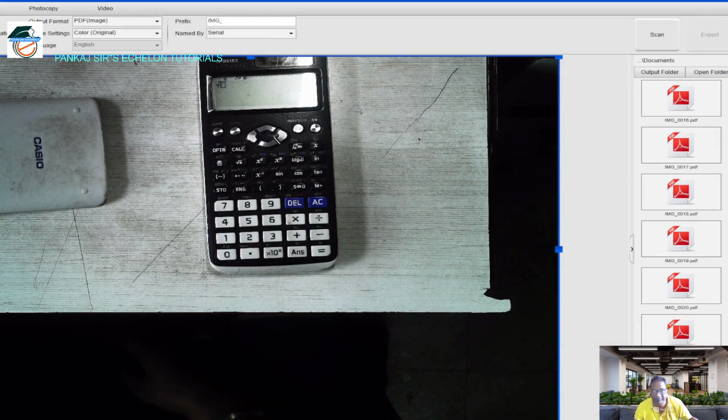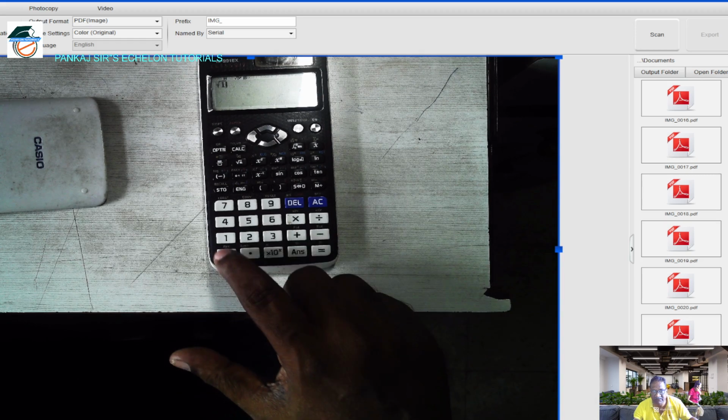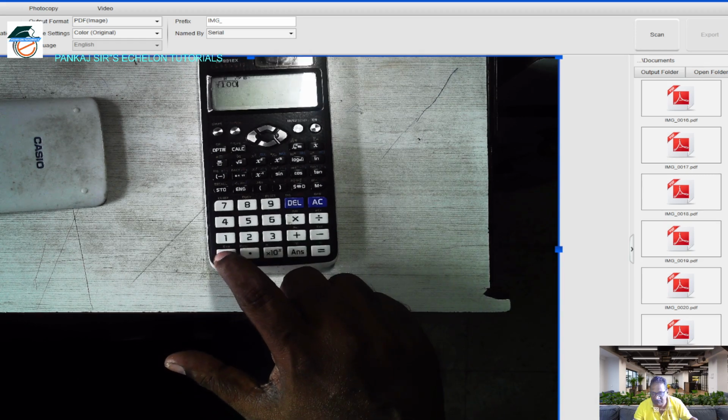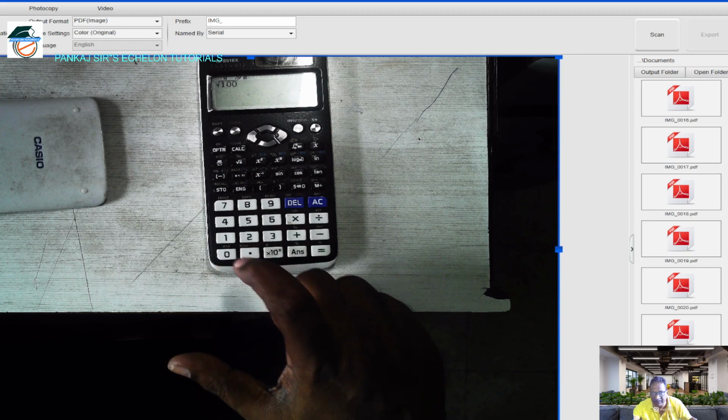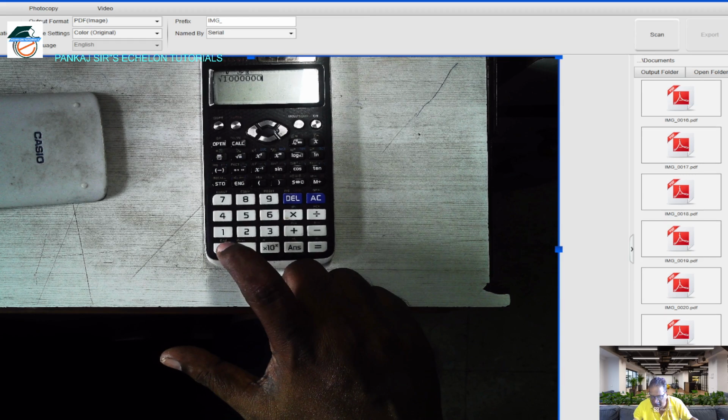In that I'll be putting 1 and then 6 zeros: 1, 2, 4, 5 and 6 zeros. So this is the input, that is 1 and 6 zeros, that is 10 raised to 6, and the function button that I've used is square root. And let me check what is the answer.